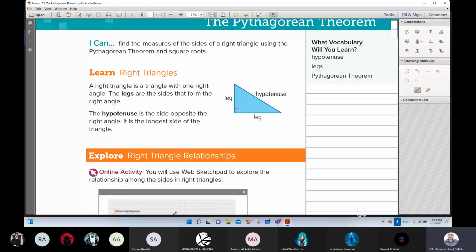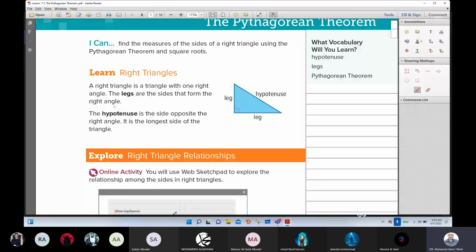Okay. So a right triangle is a triangle with one right angle.